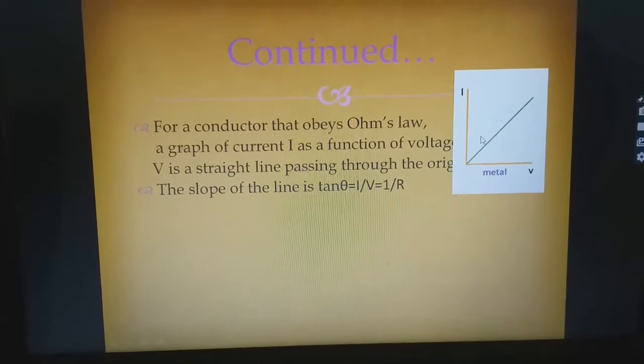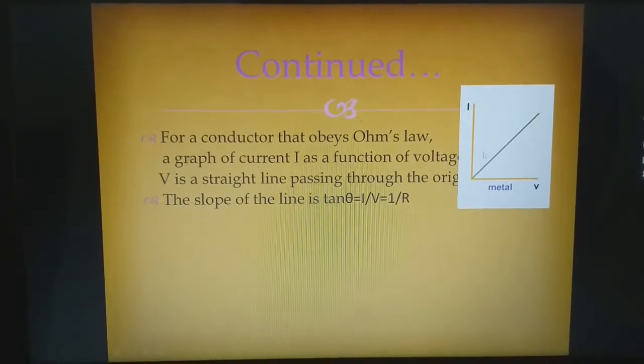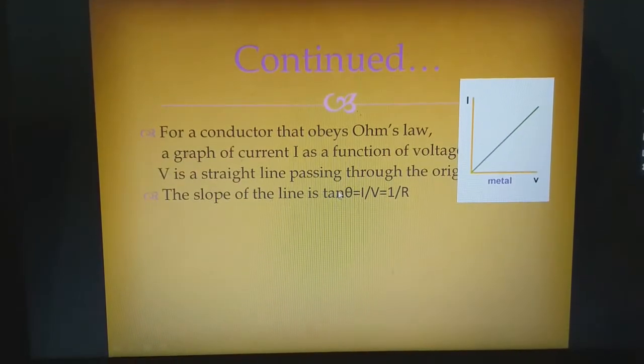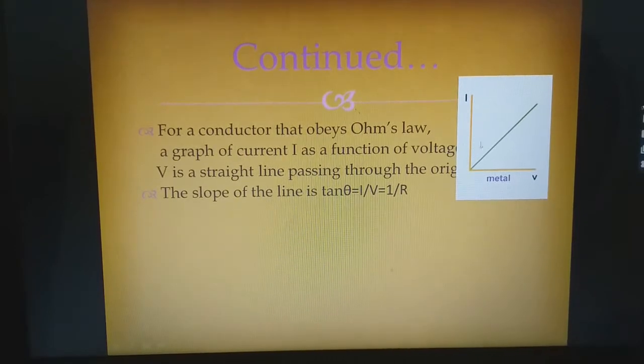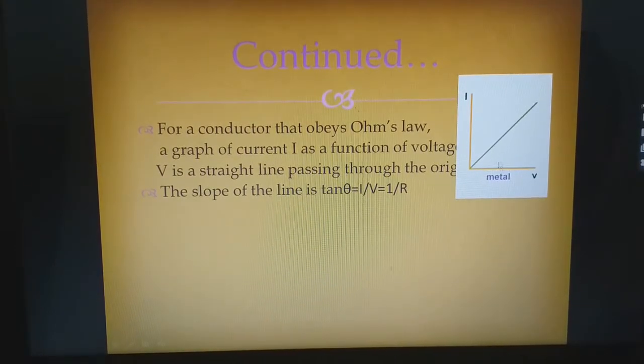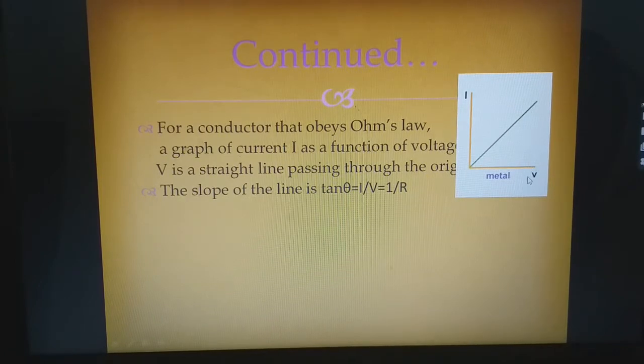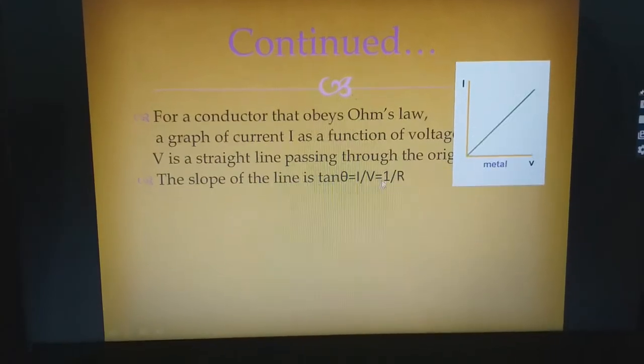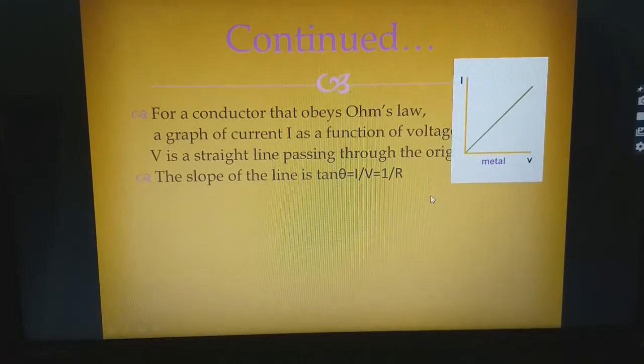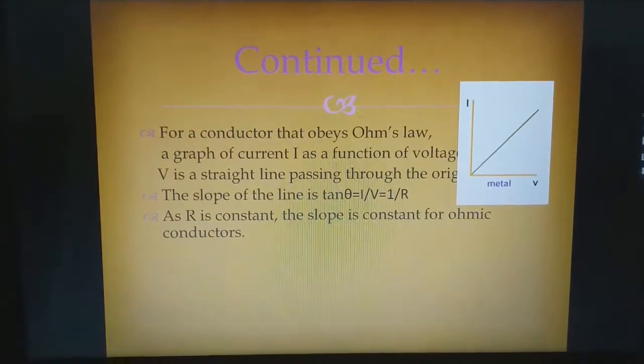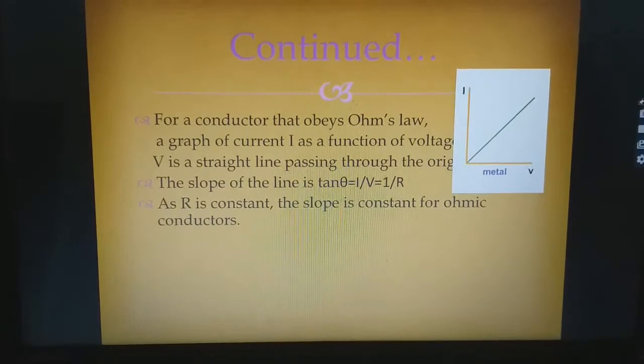As we all know, the slope of the graph is given by tangent theta. If we say that this angle is theta, then the y coordinate over the x coordinate gives you the slope of the graph. So tangent theta is equal to I over V, which is equal to 1 over R. As R is a constant, the slope is constant for ohmic conductors.